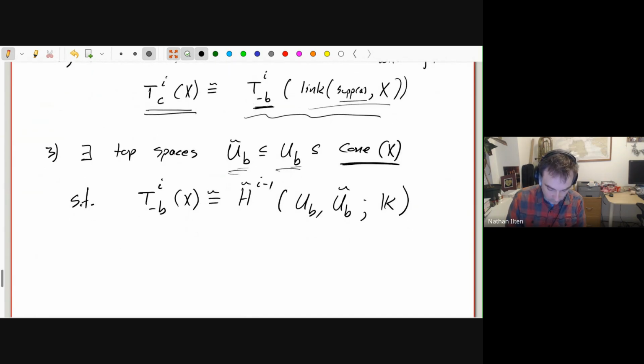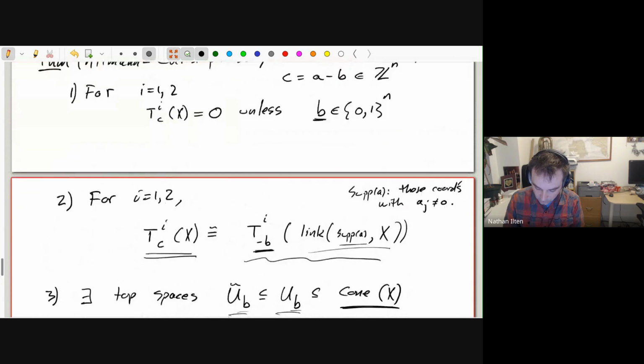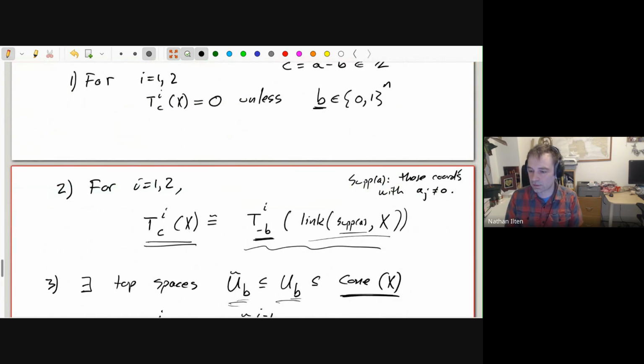Okay. So these are the results when i is equal to 1 or 2. And the goal in the rest of the talk is going to be to try to generalize these to higher cotangent cohomology modules, so T^i when i is larger than or equal to 3.